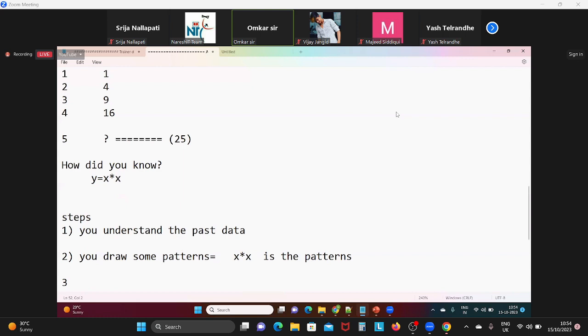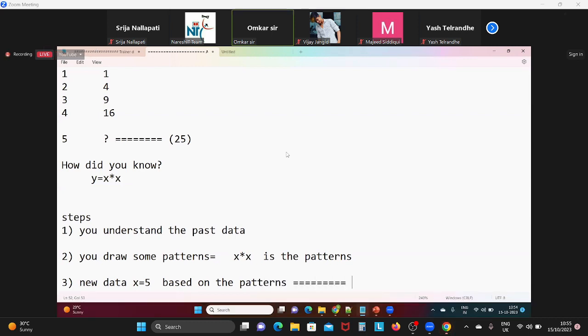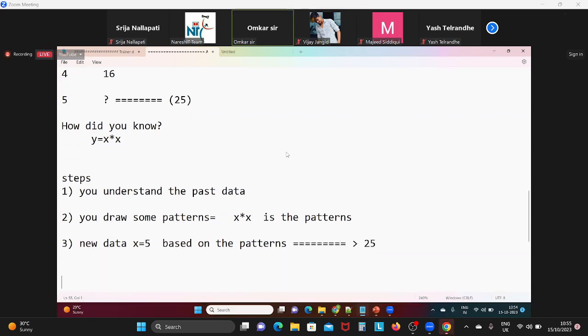And what is the third step? When your x into x is the pattern, now comes new data. What is the new data here? x is equal to 5 is the new data. Then immediately, based on the pattern, you provide the answer. How much? 25. This is data science, nothing much. Very simple.